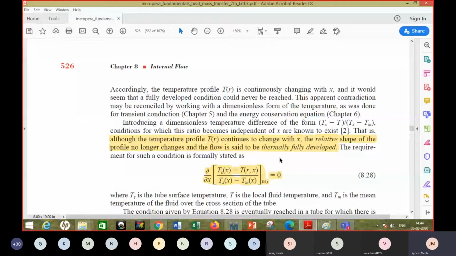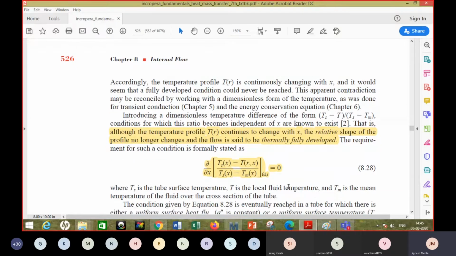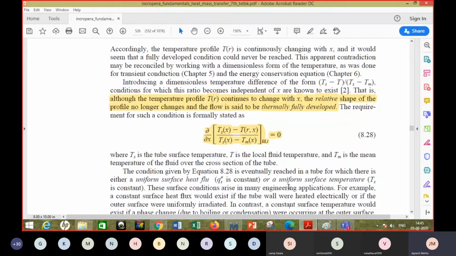So which equation is satisfied? d by dx of (Ts minus T) upon (Ts minus Tm), right, which is the non-dimensional temperature ratio. This does not remain a function of x, or does not change with x. So the derivative with respect to x becomes 0. So this is the criteria for thermally fully developed flow.